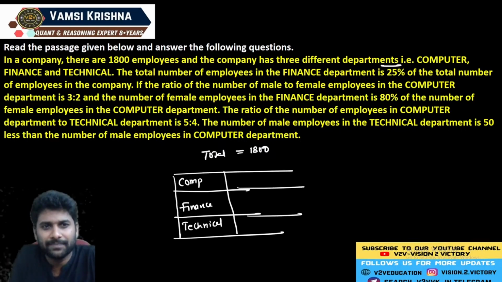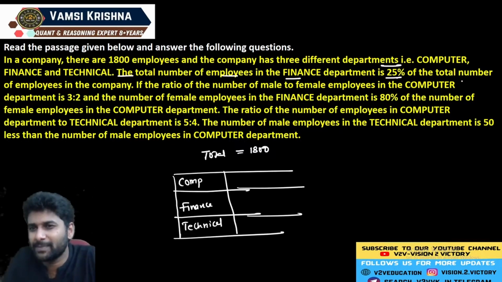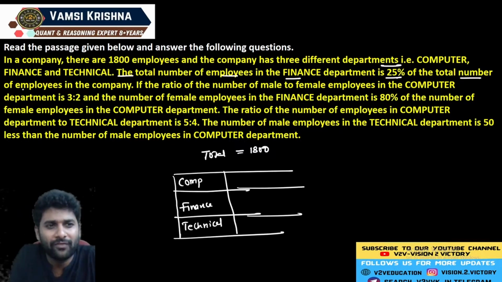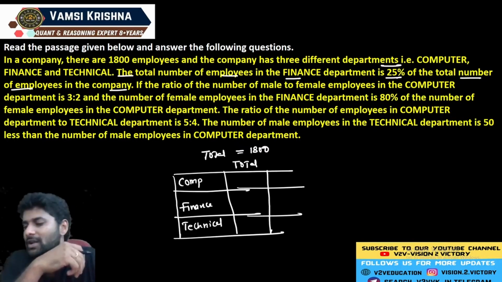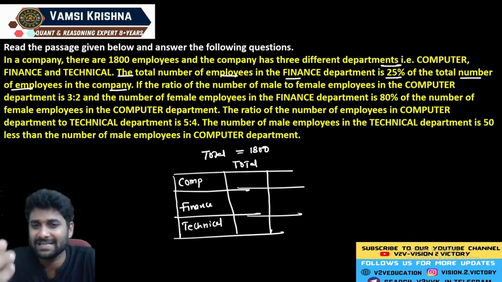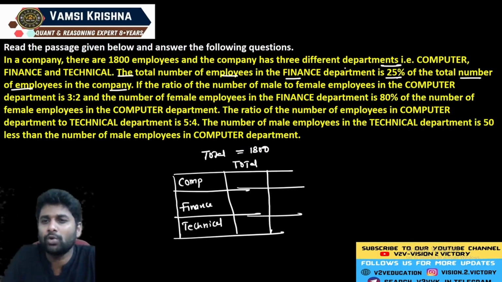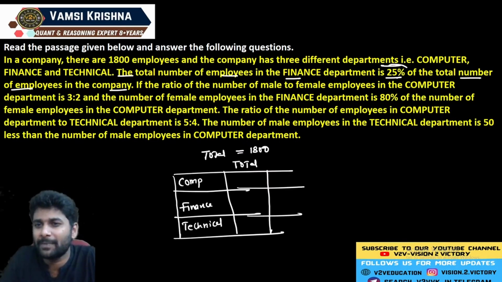Now see the next line here. The total number of employees in the finance department is 25% of the total number of employees in the company. Guys, see, first identify how many employees are there in each and every department. You already know that the total number of employees in the company is exactly equal to 1800. So out of 1800, 25% of people are from the finance department, guys.